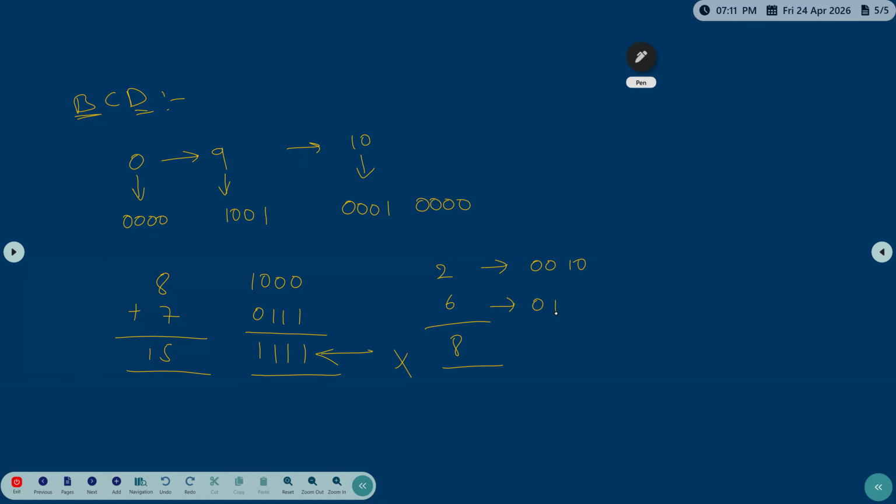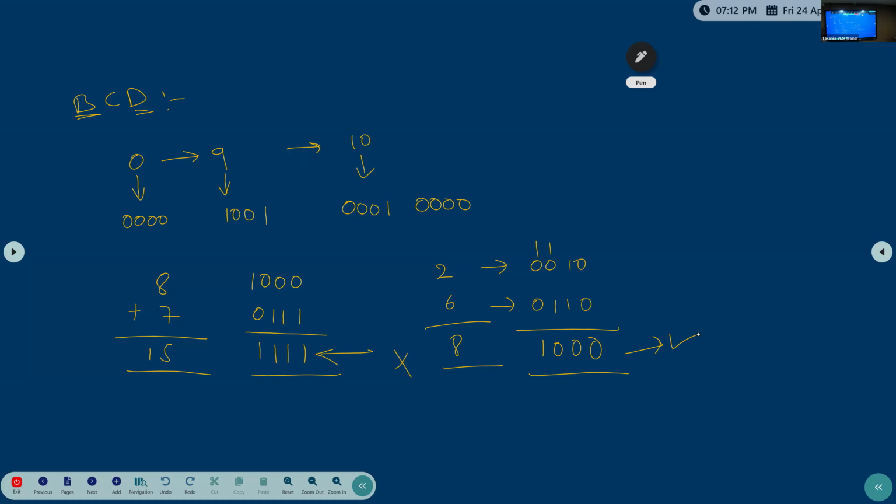Now if I add these, the sum is 1 0 0 0 with no carry. This is in BCD, right? This is in BCD. This is not in BCD.